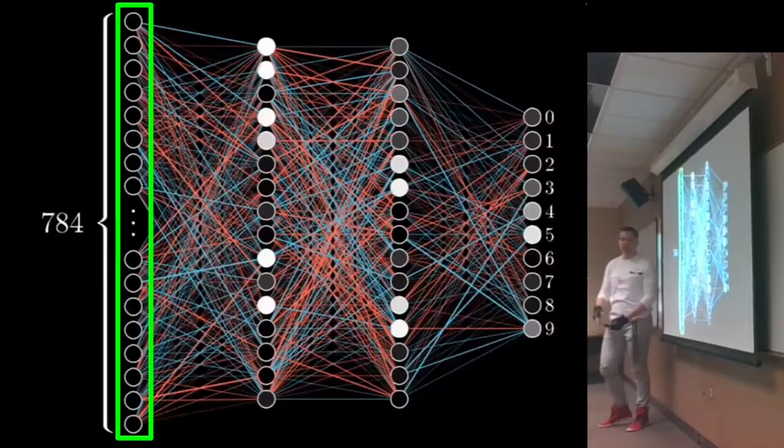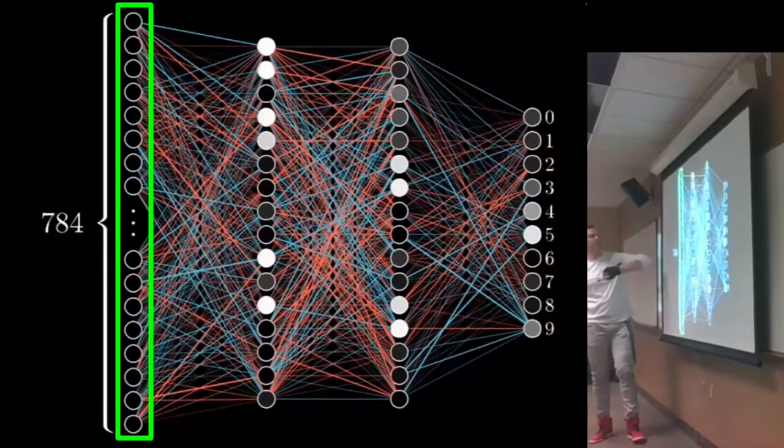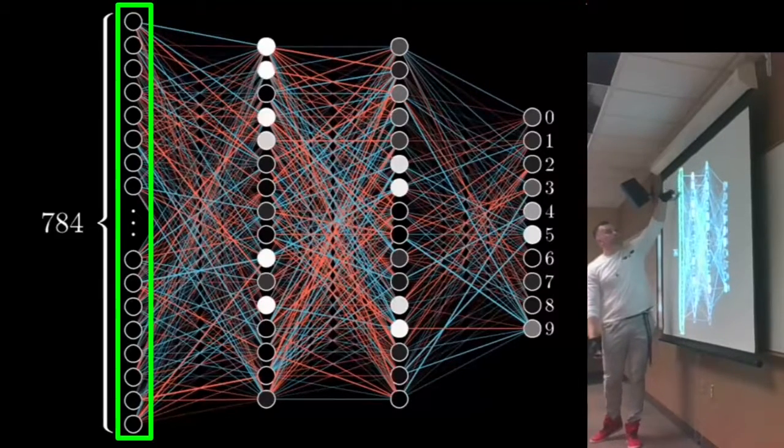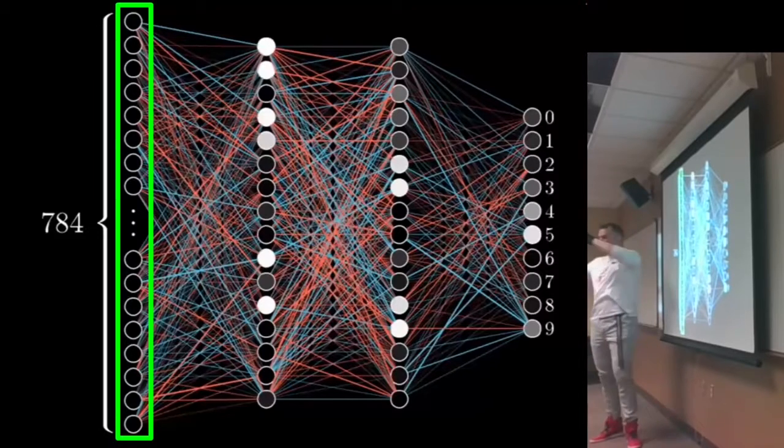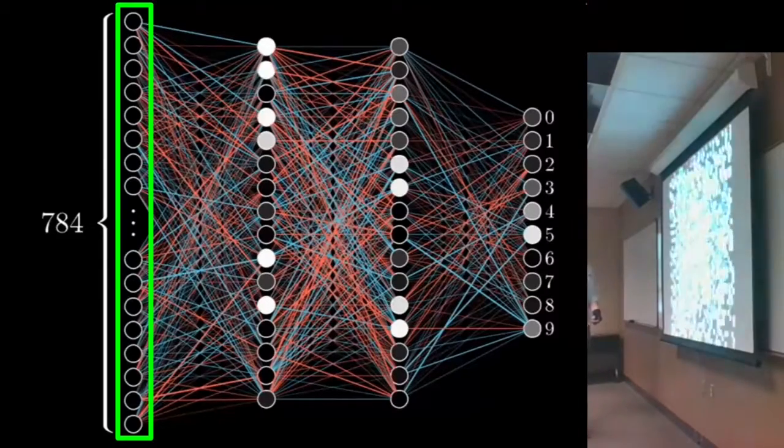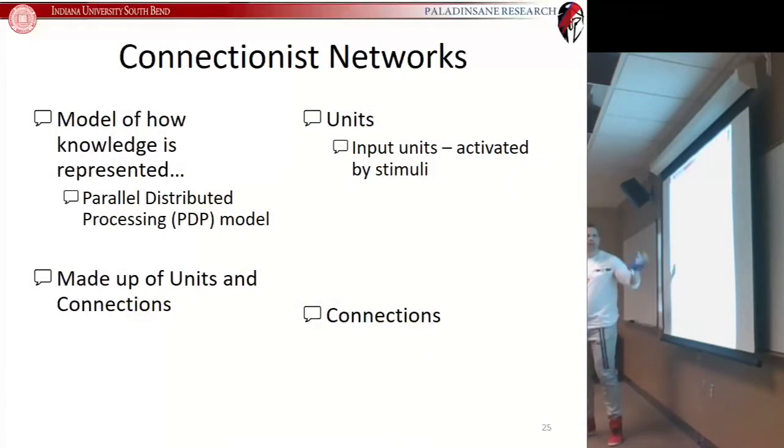That's where it's input. Each of these indicates whether a pixel in that image is either on, so it's white, or it's off, it's black. All right, so those are the input units, the ones that are actually activated by the stimuli.